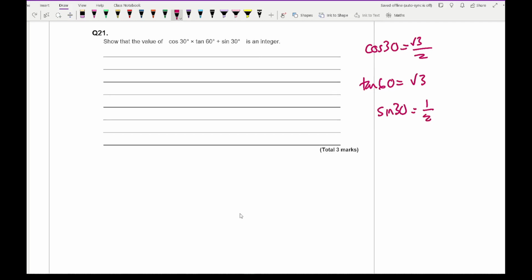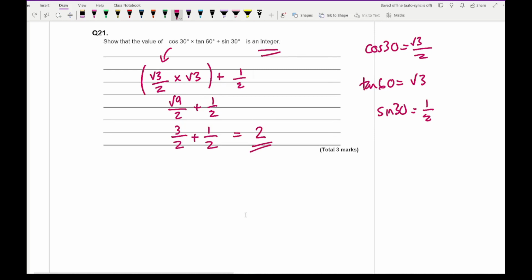So using this, what I've then got is cos 30, which is root 3 over 2, times tan 60, which is root 3, plus a half. So if I just neaten this up, what I end up with is root 9 over 2 plus a half. Root 9 over 2 is 3 over 2, so I've got 3 over 2 plus a half. And 1.5 plus 0.5 gives me an answer of 2, and then just showed there that the answer is an integer.